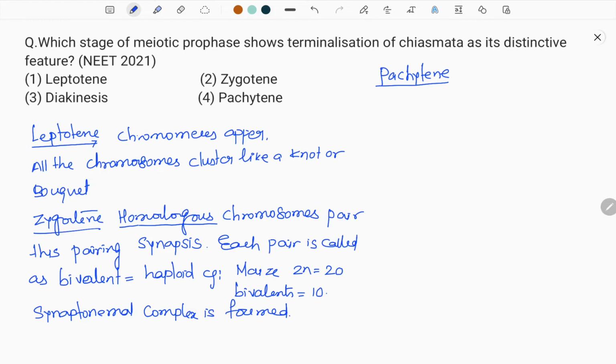In the Pachytene, each chromosome appears to be made up of two chromatids. So what happens here?